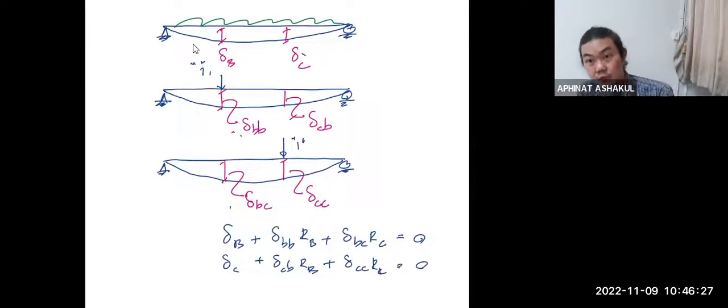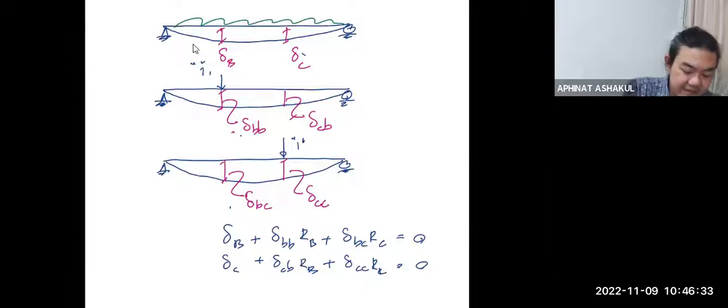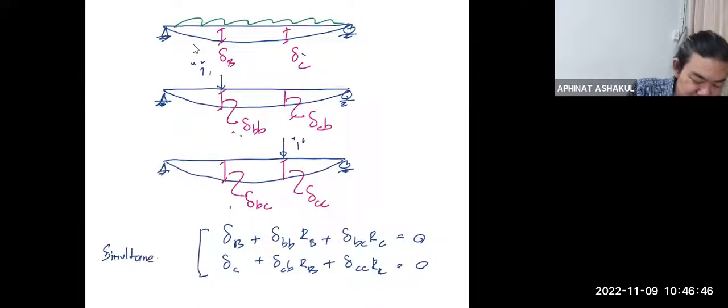Because we now have two unknowns, you better have two equations and you better solve them at the same time. The fact that we solve these equations at the same time is why we call them simultaneous equations.